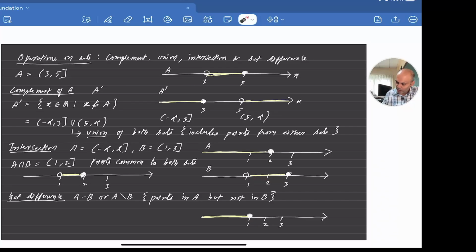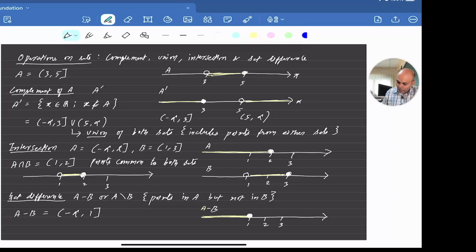So we are only including points that are present in A but are not present in B. So this is our set A minus B. So A minus B is the set from negative infinity to 1.